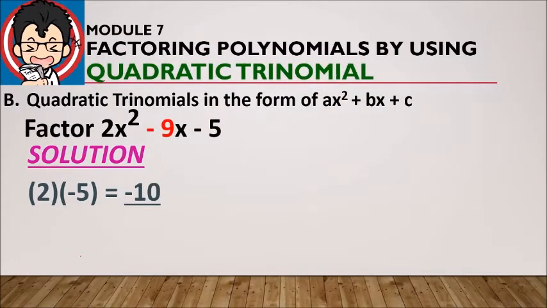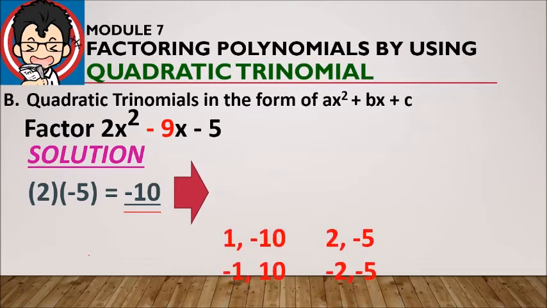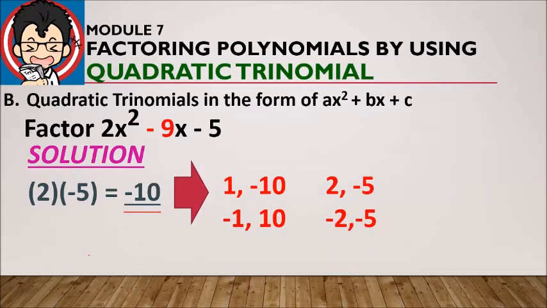Next step is to list down the factors of negative 10. Alright? Lista natin isa-isa. Now here, lumalabas, negative 10 has 4 sets of factors.